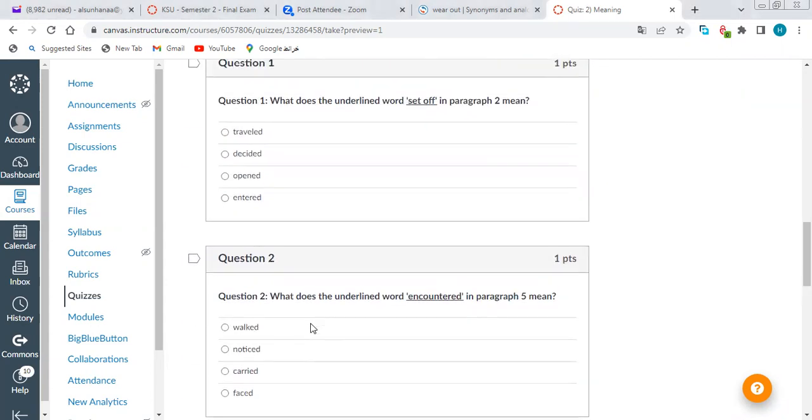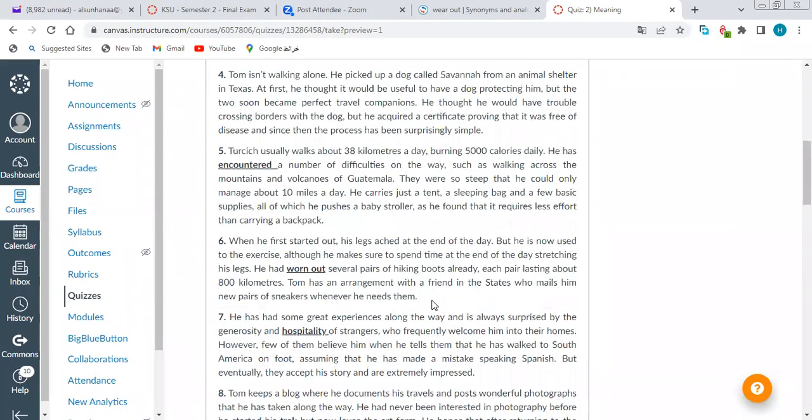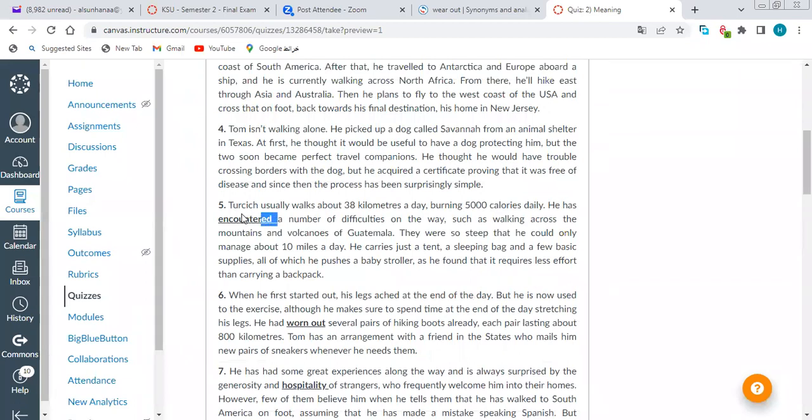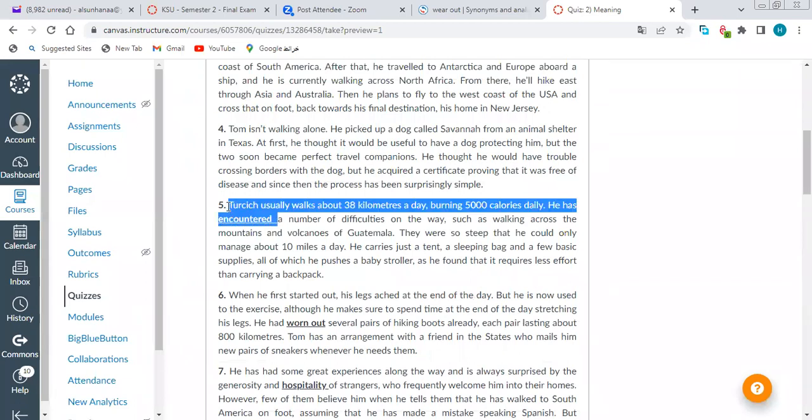Number 2. What does the underlined word encountered in paragraph 5 mean? To encounter means walked, noticed, carried, or faced. Here it says, Torres usually walked about 38 kilometers a day, burning 500 calories daily.